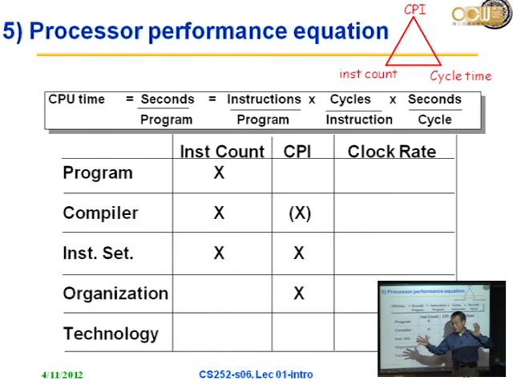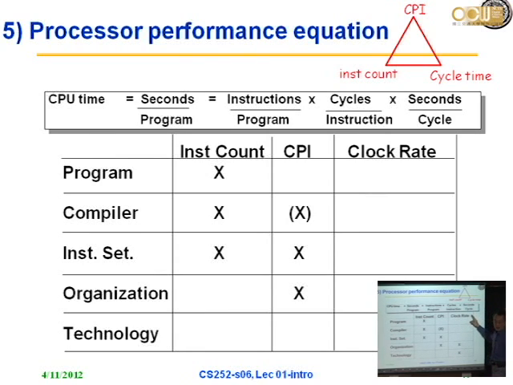Organization, how deep your pipeline will be, how many function units you use, where to place each thing, that can improve your cycles per instruction. Can that improve your instruction count? Maybe not. It has nothing to do with the machine code. Can it improve the clock rate? Maybe. Put the communicating components close to each other. That may increase your clock rate, making the communication latency shorter.